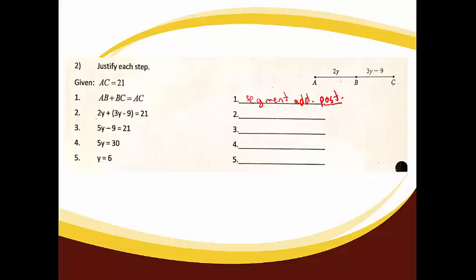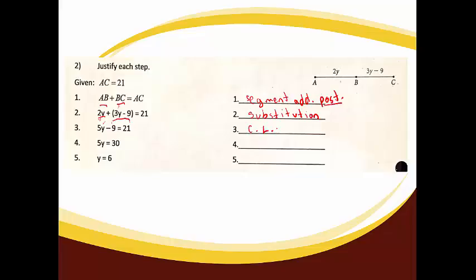And to get from step 1 to step 2, it looks like they are replacing AB with 2y and BC with 3y minus 9. And replacing is really just substitution. Once we did that, we again combined like terms.